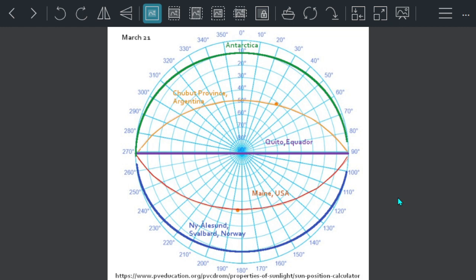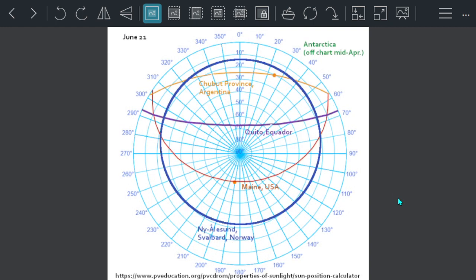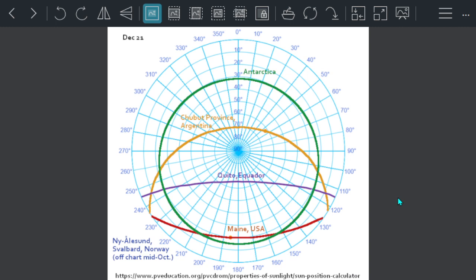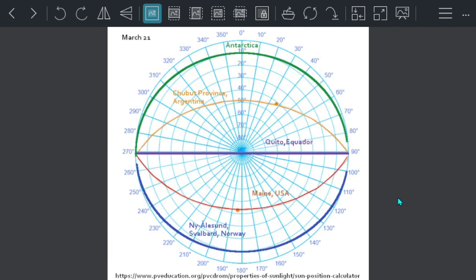The first thing, of course, is that depending on which tropic the sun is in, you're going to go everywhere from sunrise at 60-ish degrees to sunrise at 120-ish degrees, depending on where you are. And then in the middle, of course, it's at 90 degrees, but it never goes beyond the 60 and 120 for sunrise.